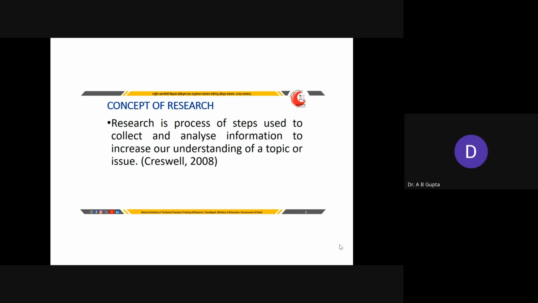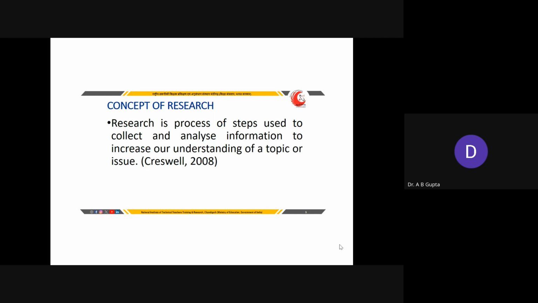Whenever you are doing research on any topic, ultimately you will be collecting certain information and analyzing it. These are the two very important things. In any research you undertake, you will have to collect the information and analyze that collected information.